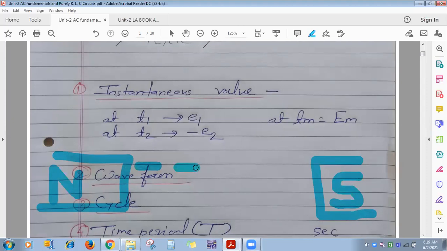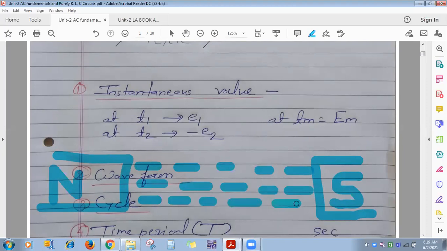From where do they start? From which pole? Magnetic lines of force start from the north pole and move towards the south pole, isn't it? And whenever moving, they prefer a path of less opposition.